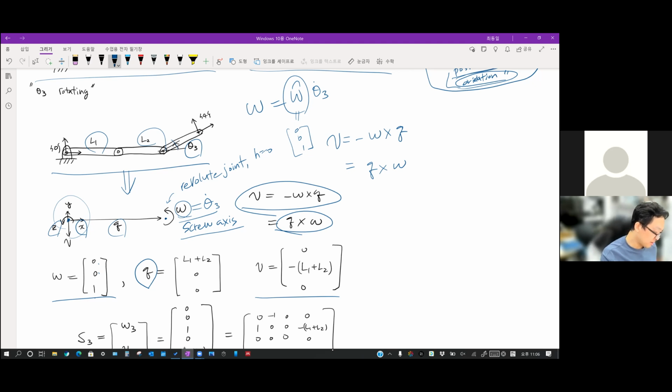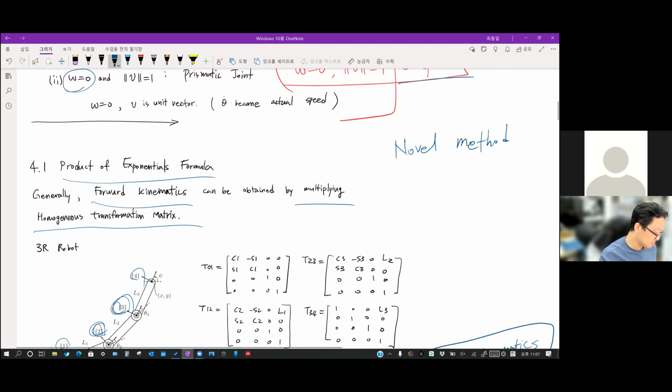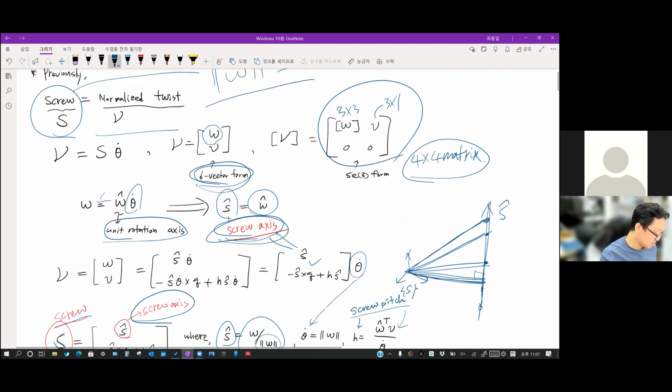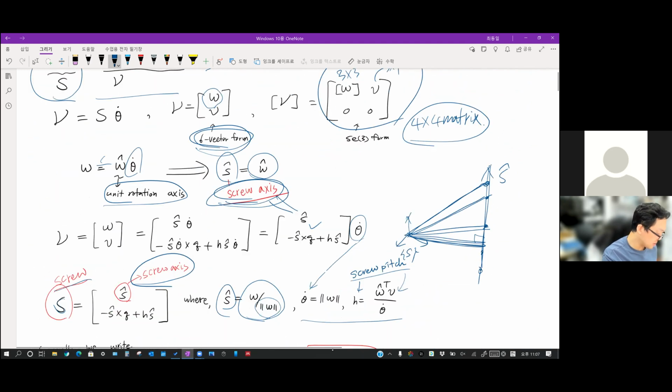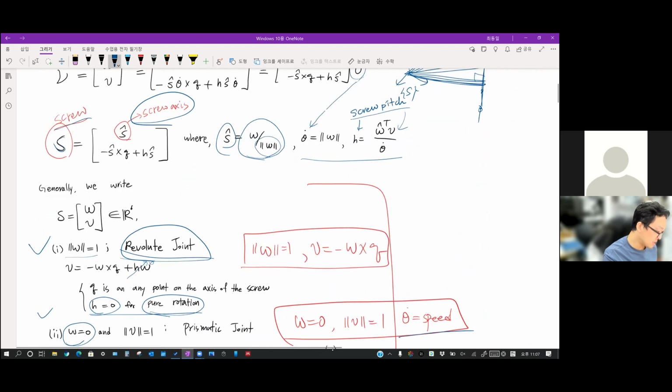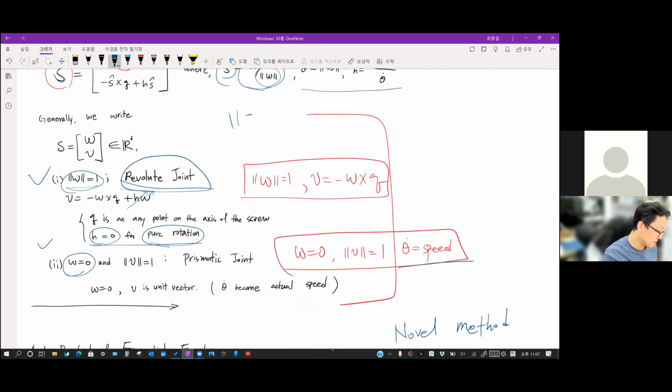So in here, omega hat equals 1 in the z direction, the direction of the rotation axis equals the z-axis, like this. So this becomes 0, 0, 1 multiplying theta 3 dot.